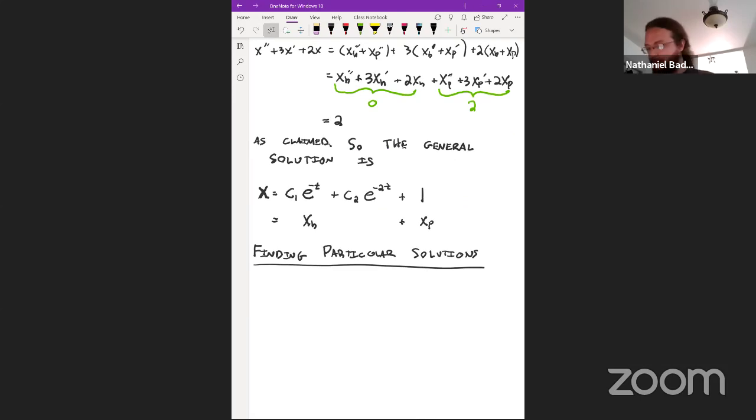Here's the basic idea. Given a linear constant coefficient differential equation.